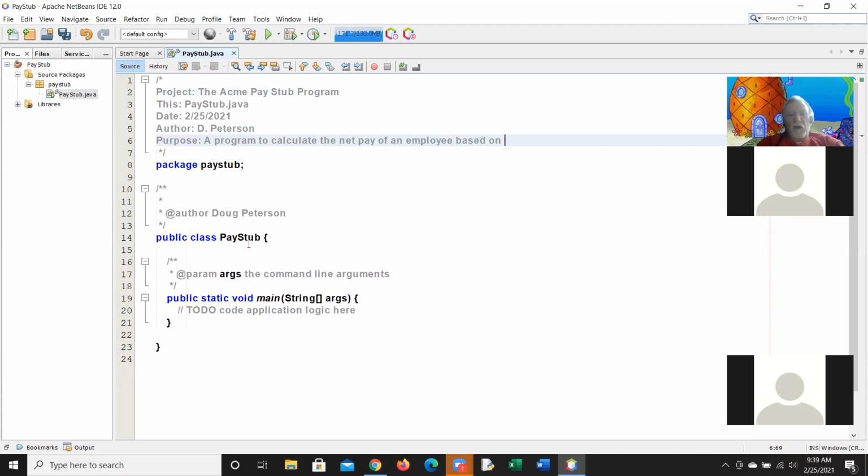The two inputs, the rate of pay and hours worked. Okay, again, the key there is net pay, right?